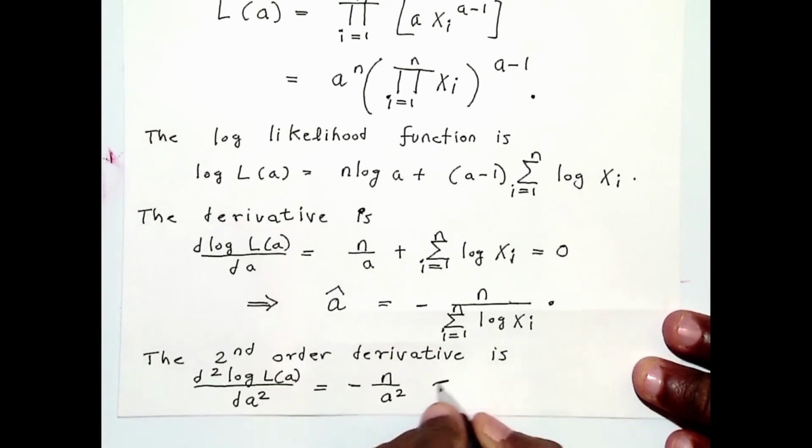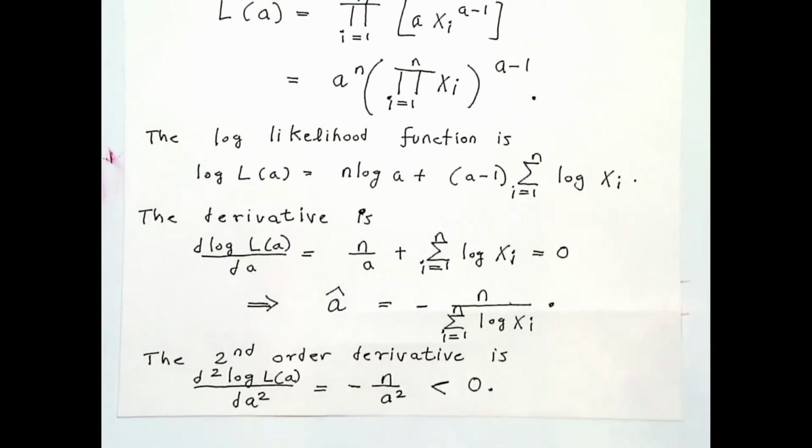Right, which is minus n over a squared, which is a negative number indeed. So hence what we have here is a maximum likelihood estimator. So that's what I'm going to write over here.